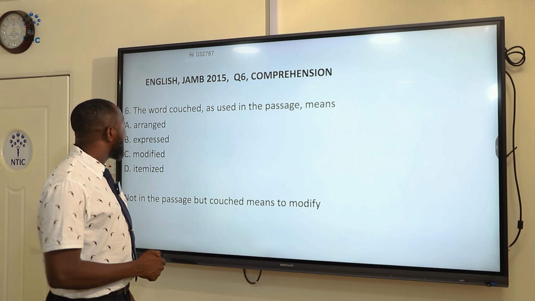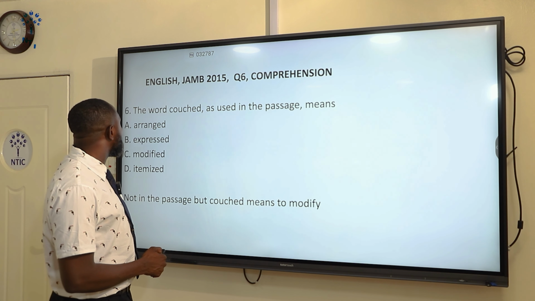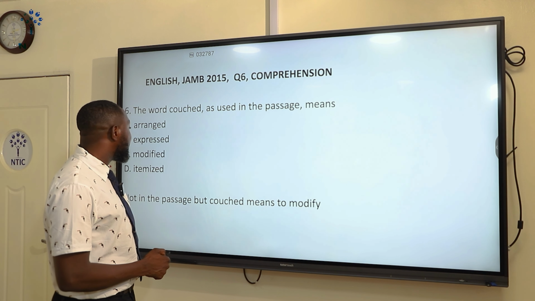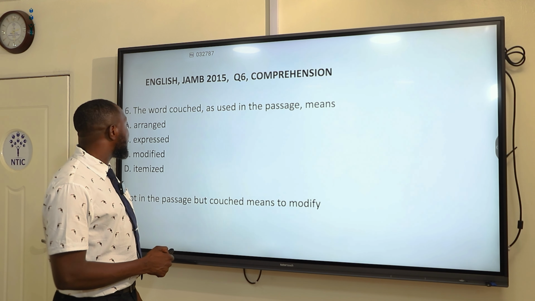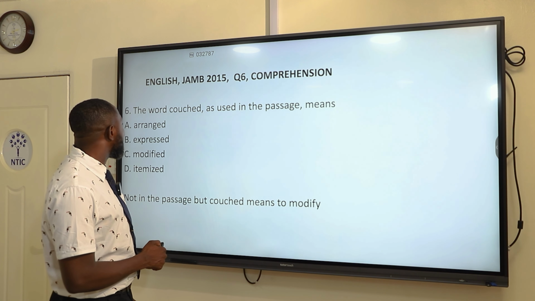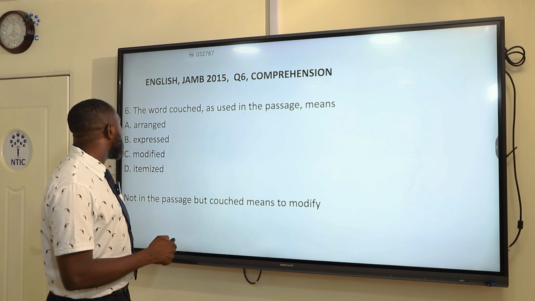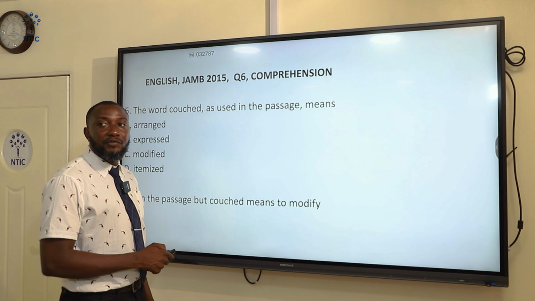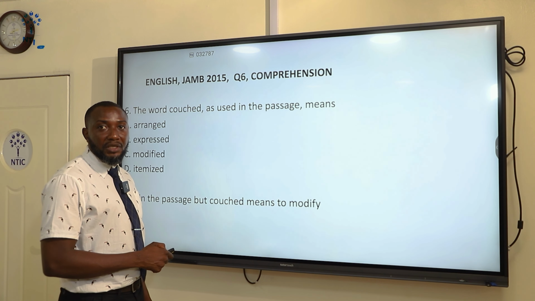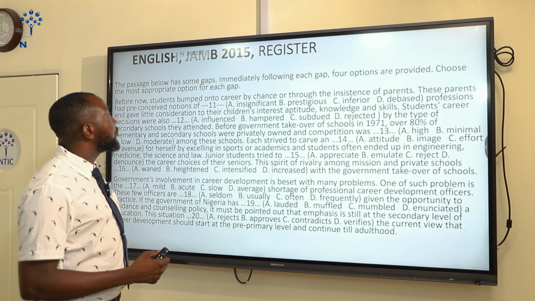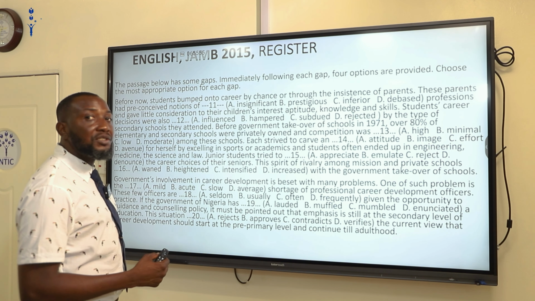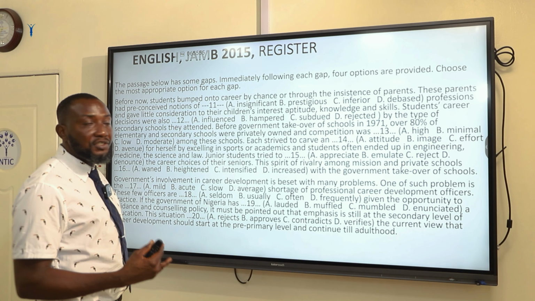Unfortunately, couched is not used in the passage, but the closest word to it here means modify. Therefore, modify should be taken, even though it is not mentioned in the passage. Questions 11 to 20 are based on register.